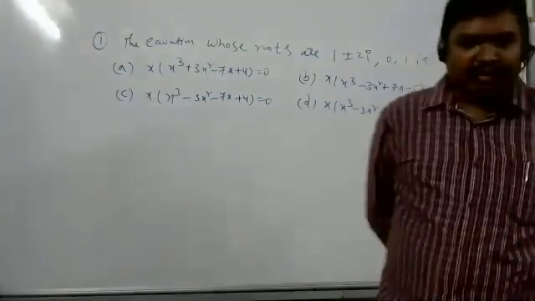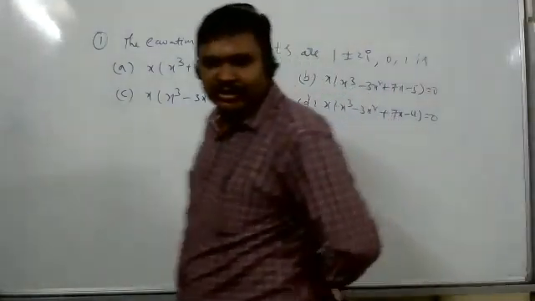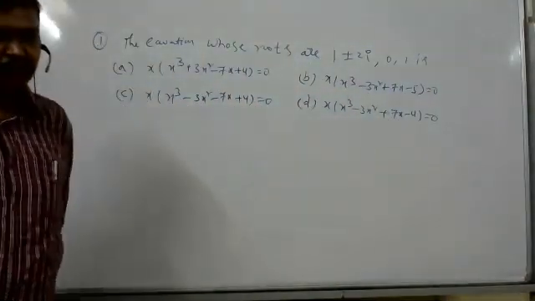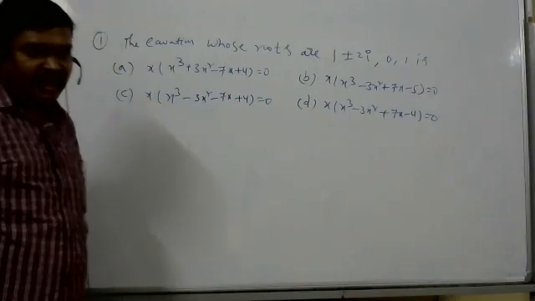One root is 1 plus 2i. One more root is 1 minus 2i. One more root is alpha, beta, gamma, delta.